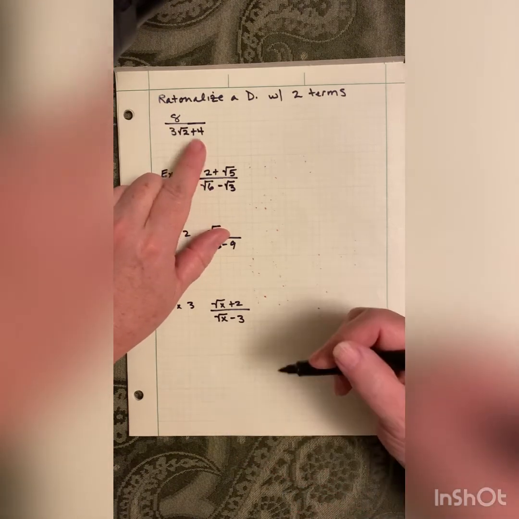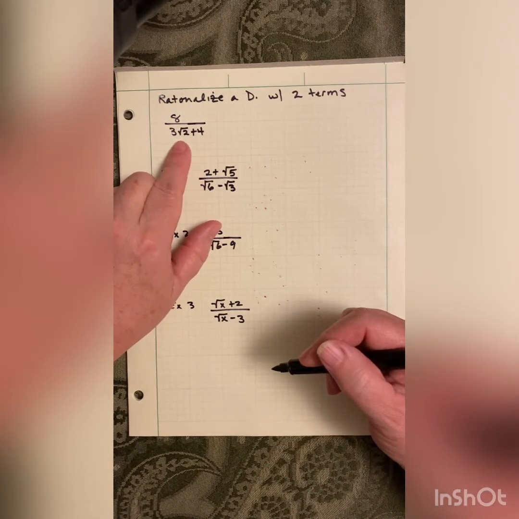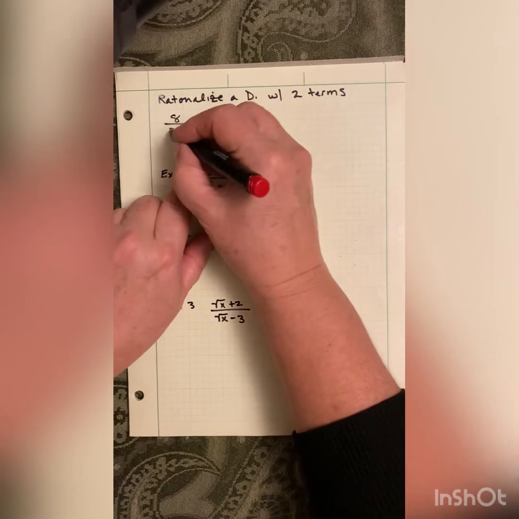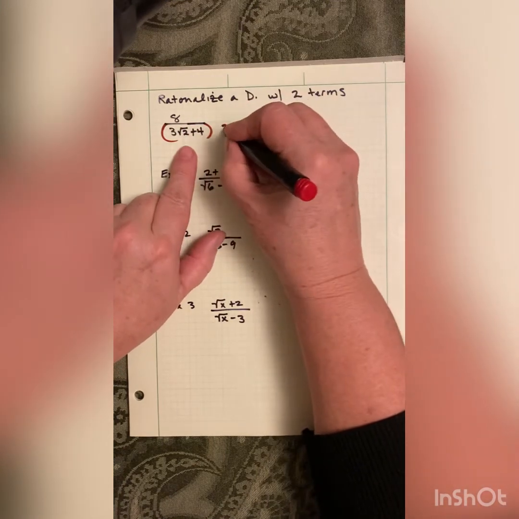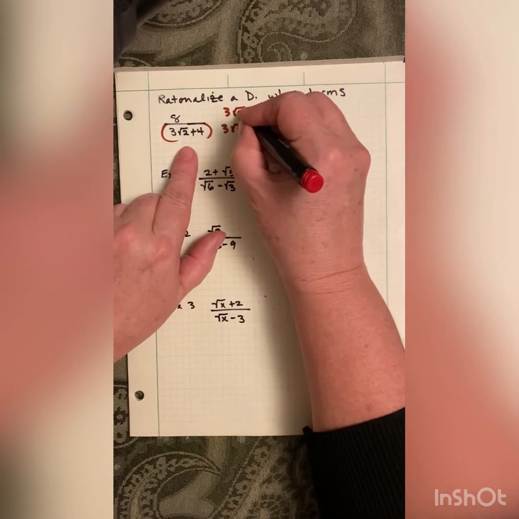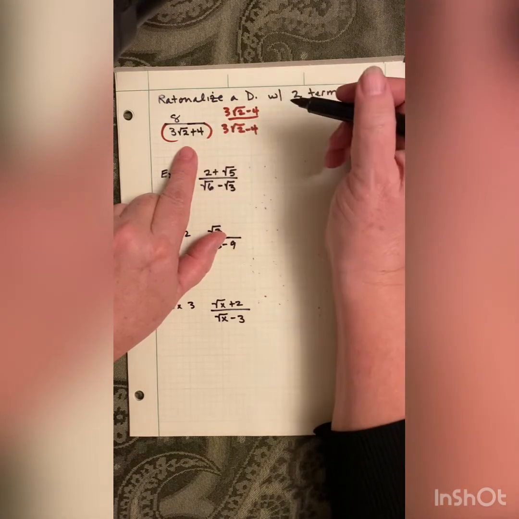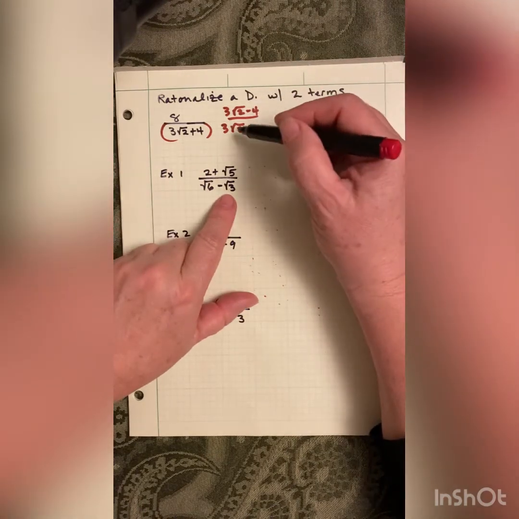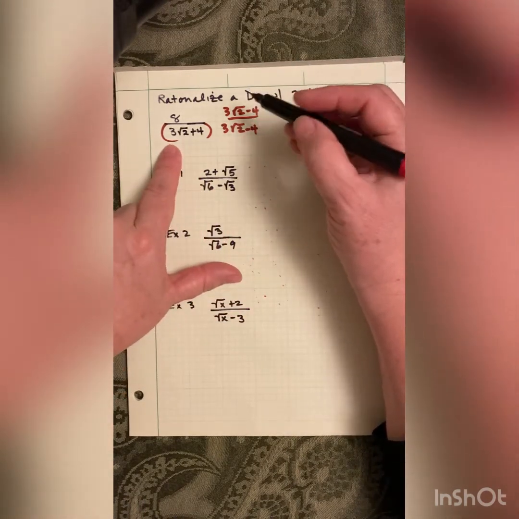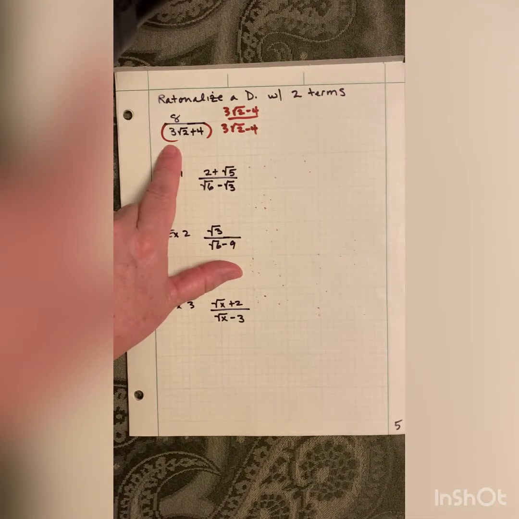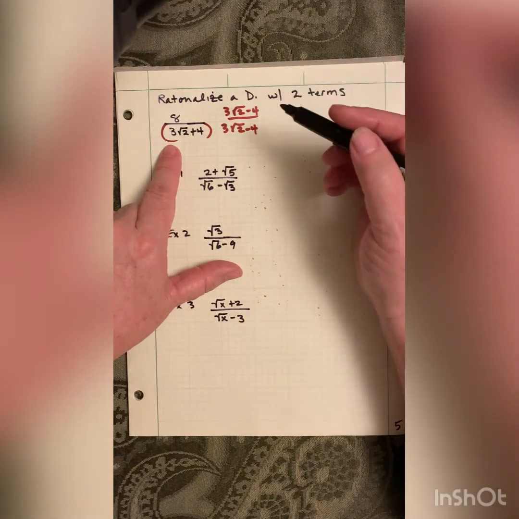To get rid of that, what I'm going to do is use the conjugate. So I am going to multiply by 3 square root of 2 minus 4, both top and bottom. That way I'm multiplying by 1 and will not be changing the value. I always like to do the bottom first because when I do that, something might cancel out.